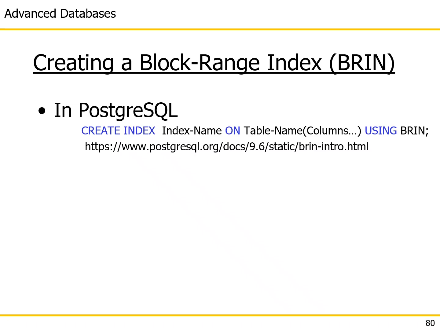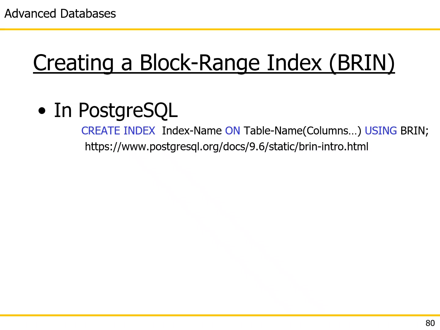So in Postgres, if you would like to use BRIN, you use the create index statement, just like we have seen before, giving it a name, on some specific table, on some specific column, and you say using BRIN. And this will repeat for all indices we look at. Later on we will say using B-tree or using hash and so on. So this is how we create a BRIN index in Postgres.